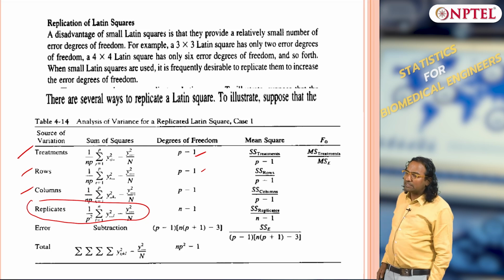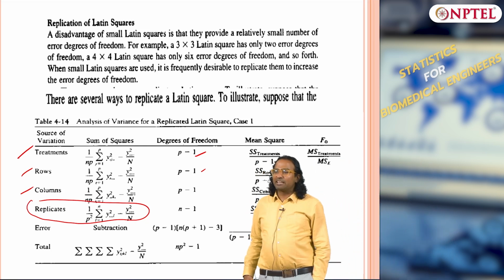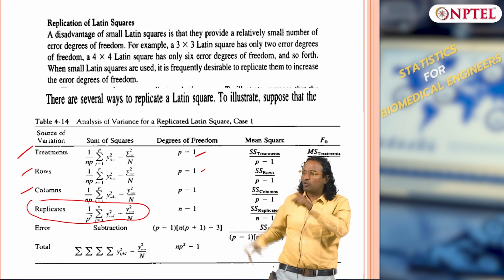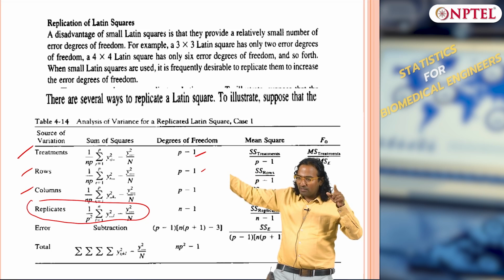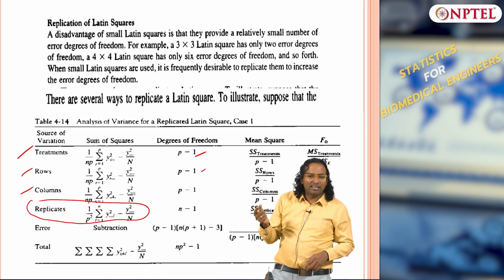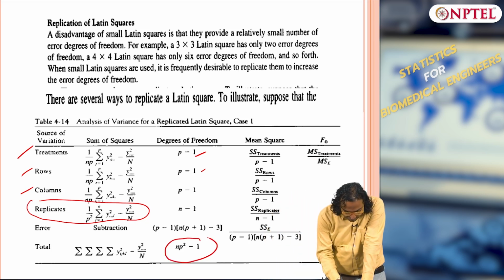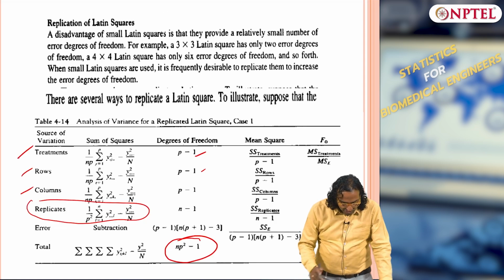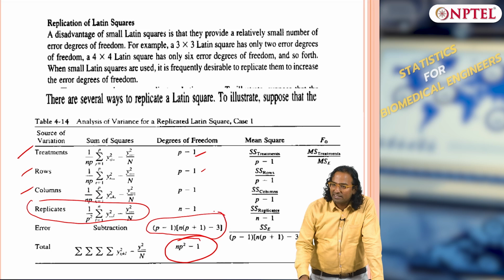But what is changing is the total degrees of freedom; it has increased from p squared minus 1 to n times that. So, the total data points are n p squared and only one grand mean. So, the degrees of freedom is n p squared minus 1. So notice this is where the change is, and this will affect your error degrees of freedom.